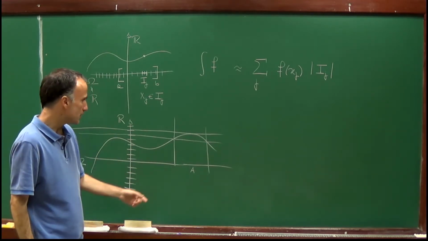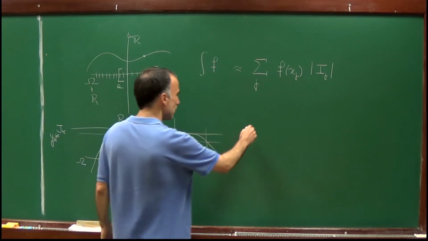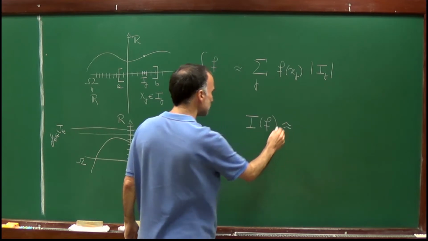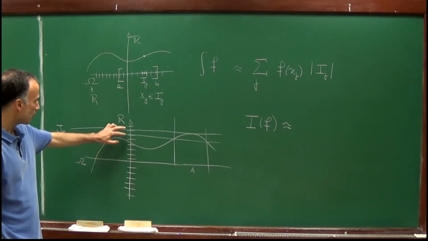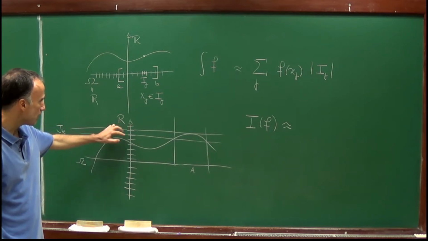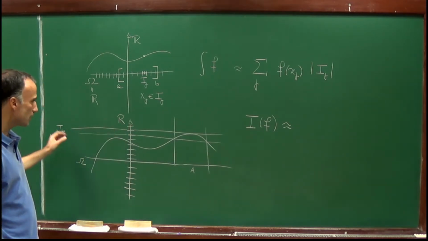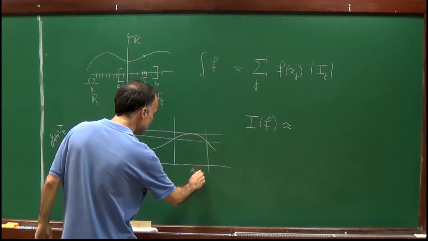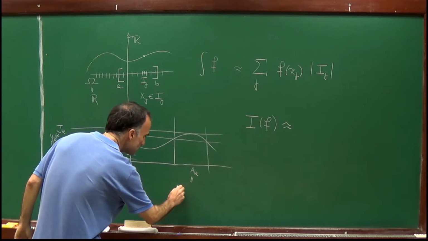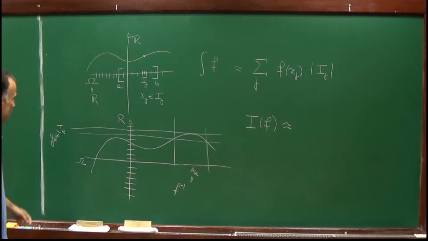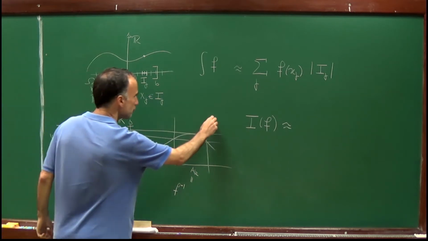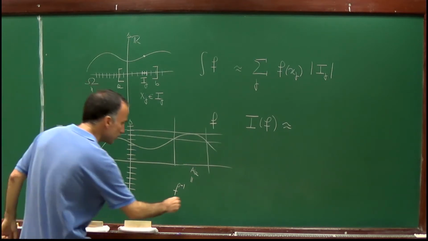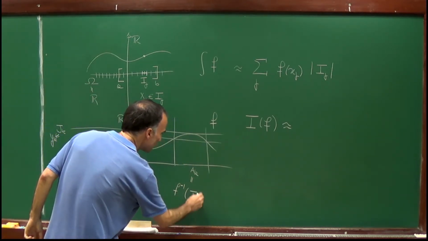And the idea will be to define the integral of the function f as something which should be close to the sum of yk times the measure of the set where f takes values in this interval Jk. We take the inverse image of the interval Jk, and I'm calling that Ak.